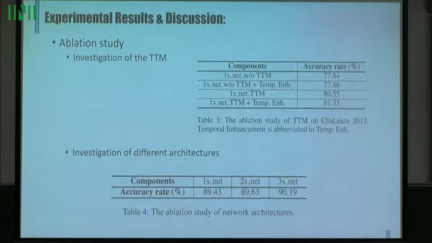The other one is we investigate the TTM, the time variation module we proposed. We tried mainly two things: a single network without TTM, and a single network with the TTM temporal enhancement. This is what I talked about as the data-driven way: you don't learn the shifting, you just increase your data set by shifting around and making it larger.